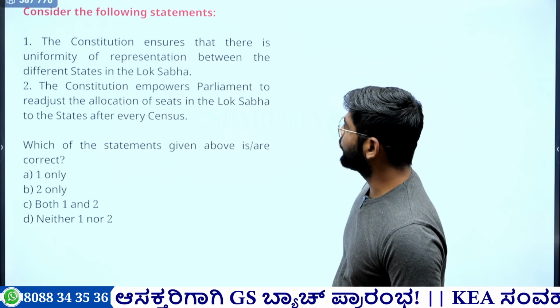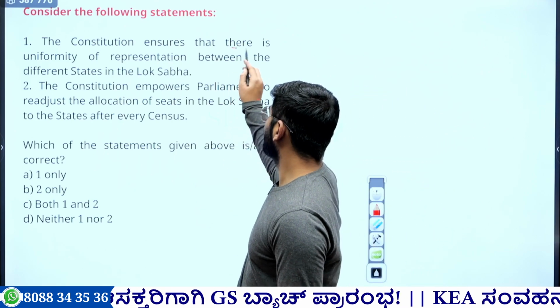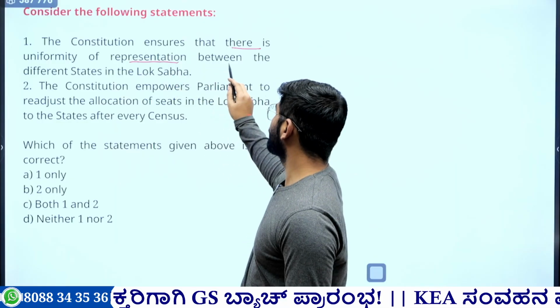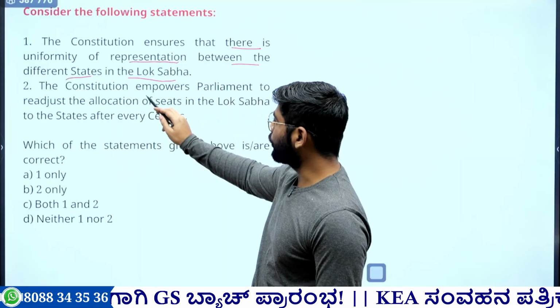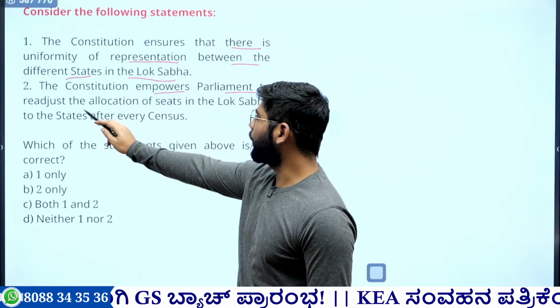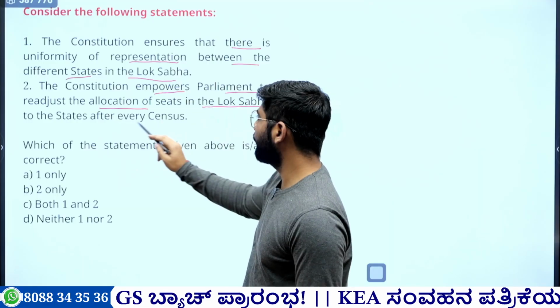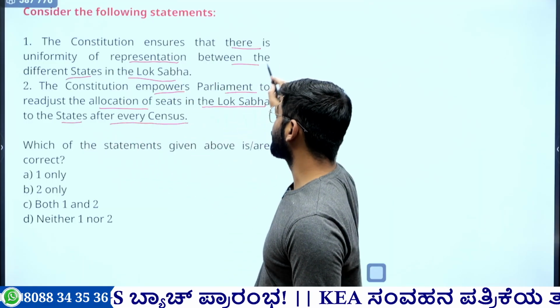The next question says: the Constitution ensures there is uniformity in representation between the different states in the Lok Sabha. Second statement: the Constitution empowers Parliament to readjust allocation of seats in the Lok Sabha to the states after every census.